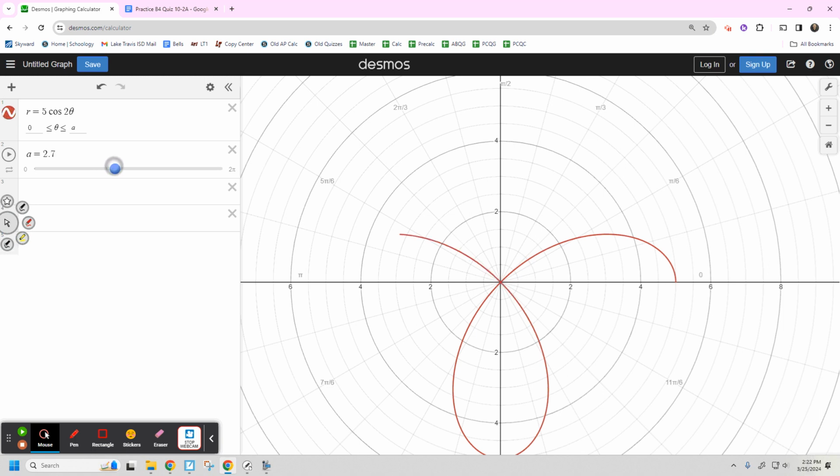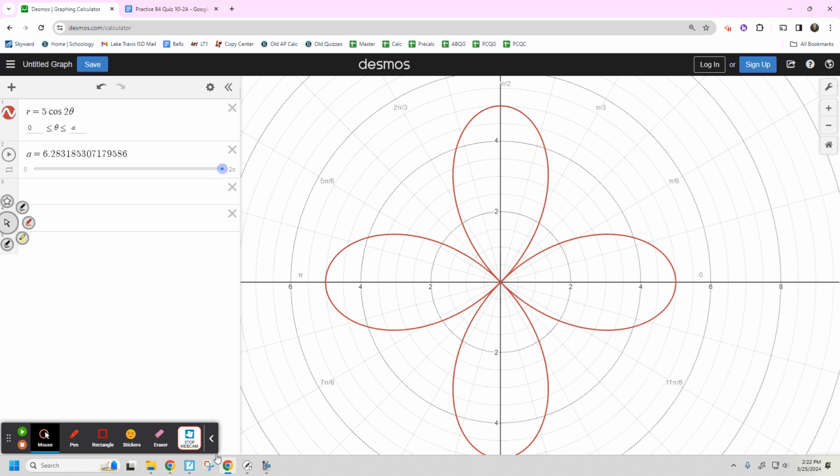Here is where you stop at pi. Then after pi, we get to 5 pi over 4, 0, we'll get to 3 pi over 2, negative 5, we'll get to 7 pi over 4, 0, we'll get to 2 pi, 5.